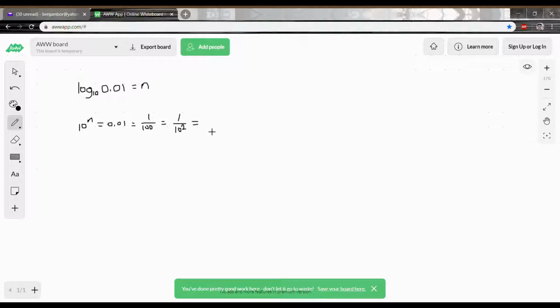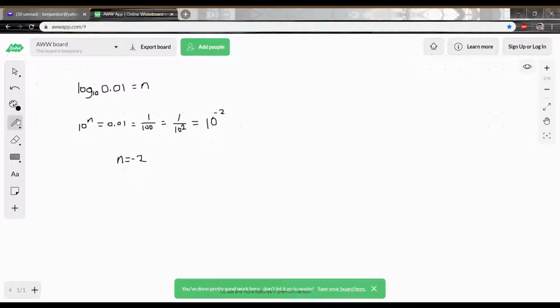So that can be written further as 10 raised to the negative 2 power. And now we have a relationship with similar bases. So we can write that n is equal to negative 2, right? So we see that the exponent that we have to apply to a base of 10 to get 0.01 is negative 2. Let's try to do that on the calculator.